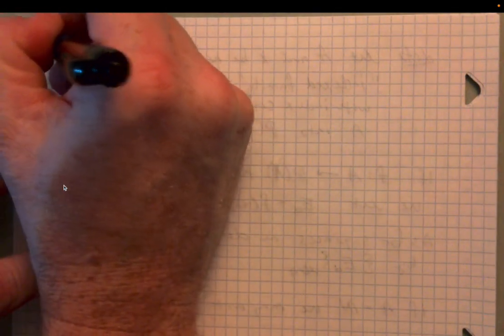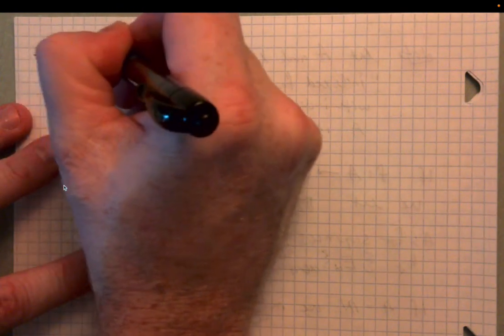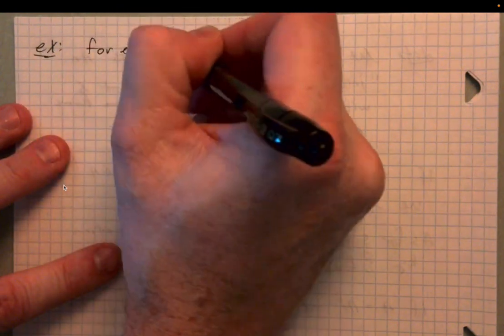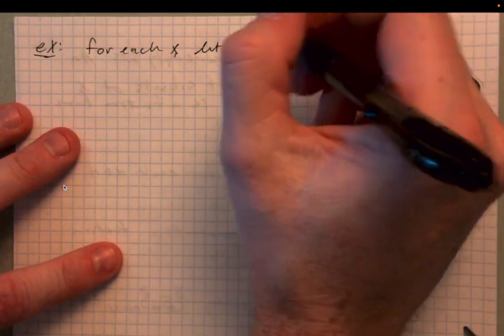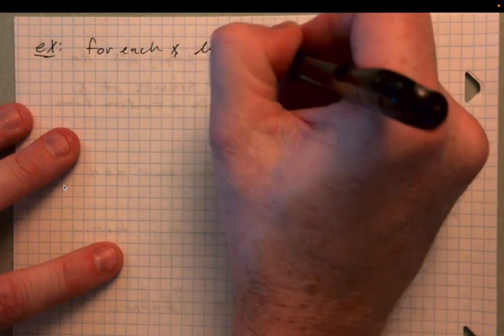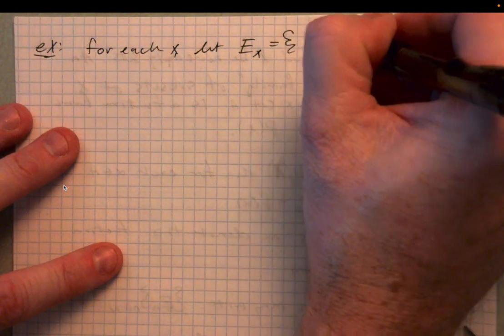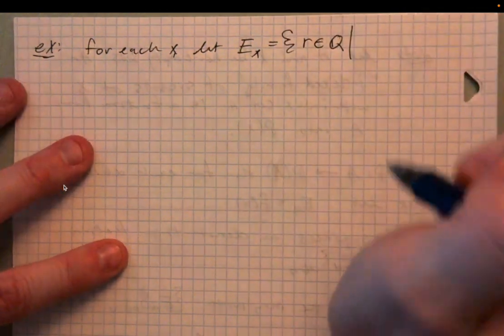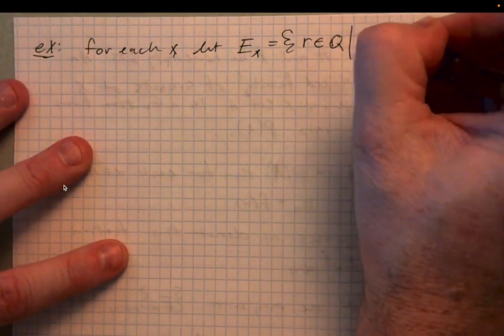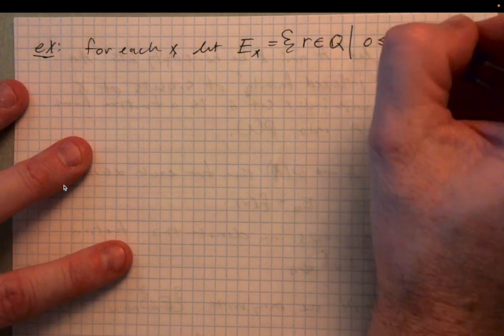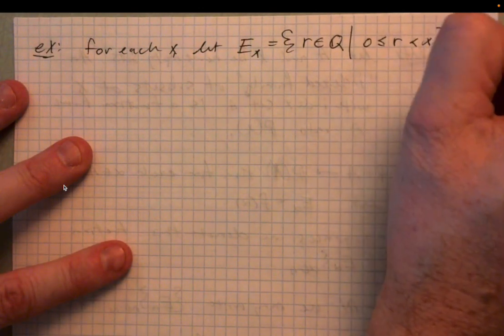Let's do one more example, and then we'll move forward here. This will all kind of come together in a moment. So for this example, let's say for each x, we're going to let E sub x equal the set of rational numbers r in Q such that 0 is less than or equal to r, and r is less than x.